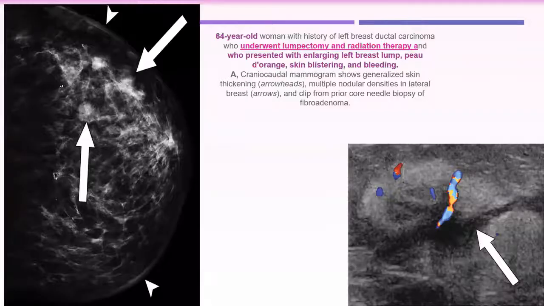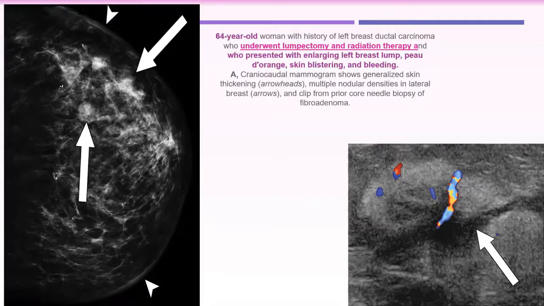Regarding the angiosarcoma, let us see examples. This is a 64-year-old lady with a history of left breast ductal carcinoma, who underwent lumpectomy and radiation therapy.